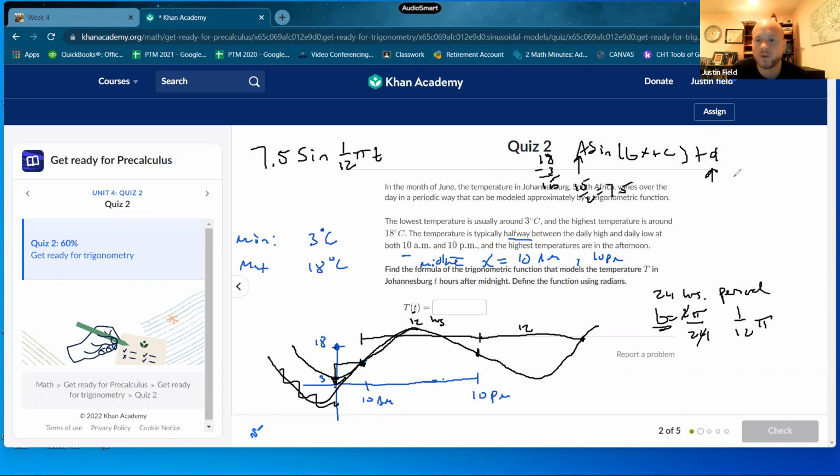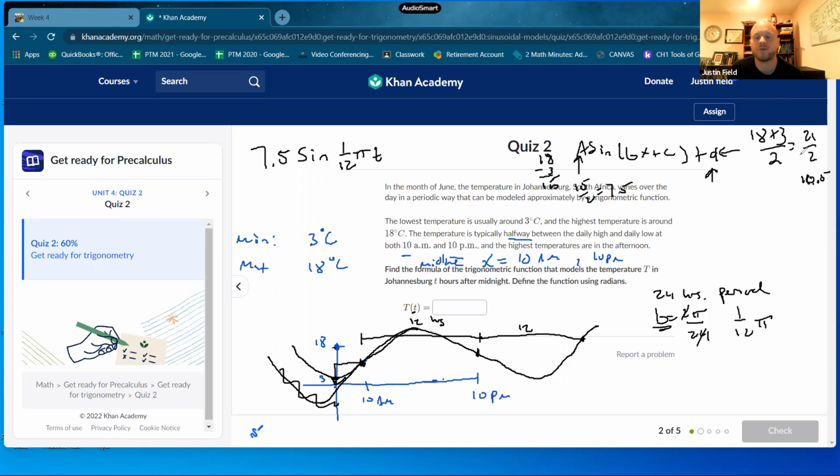And we also need to get the d value, the midline. Okay, so how do we get the midline? The midline is the midpoint of the min and the max. So we add them together to get the midpoint and divide by 2. So 18 plus 3 is 21 over 2 is 11. 11?